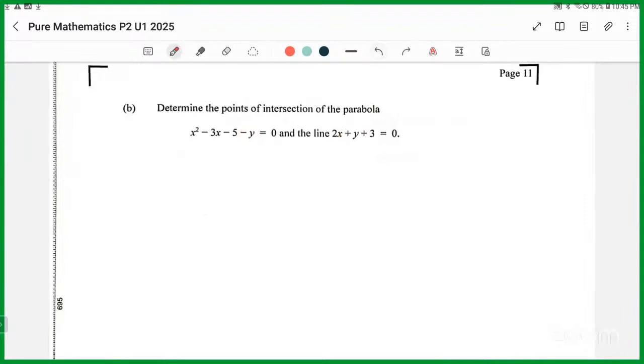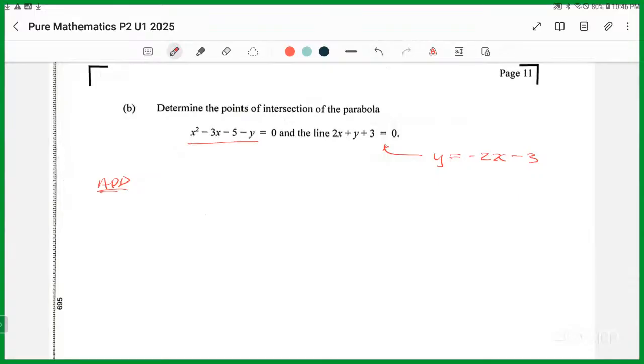The equation with y as the subject would be y equals minus 2x minus 3. But as they are now, we can add these two equations. When you add them, we eliminate the y.